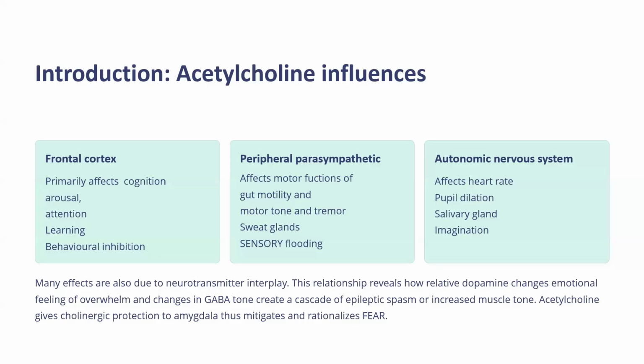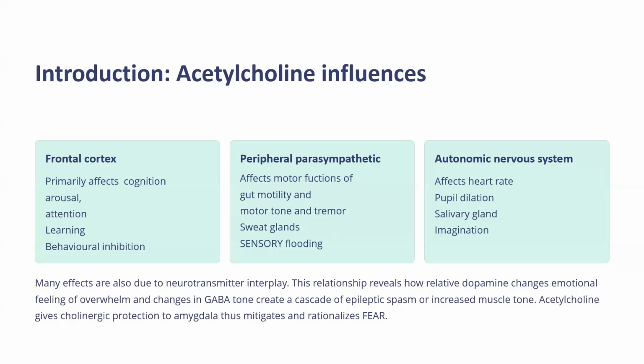Now, many effects are also there due to neurotransmitter interplay. The relationship reveals how relative dopamine changes cause an emotional feeling of overwhelm. For a small impulse or stimulus, the person starts to overwhelm, react aggressively, emotionally.